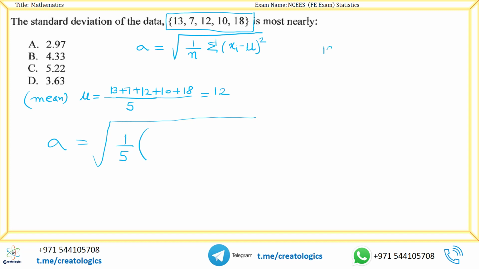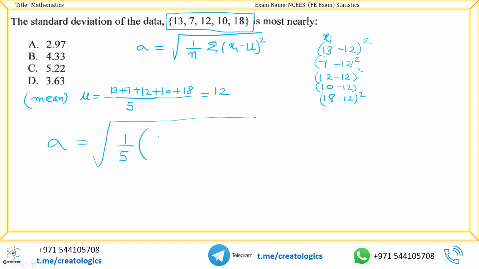So you have 13, 7, 12, 10 and 18 as your observations, let's say xi, and the mu or the mean is 12. So subtract 12 from each of these observations and take their squares. When you add these things, you will get this summation xi minus mu whole square part.